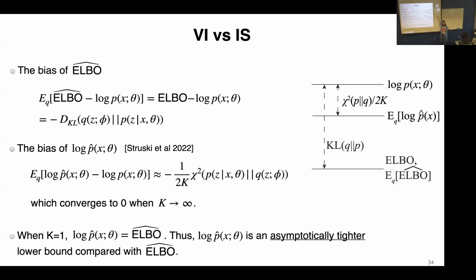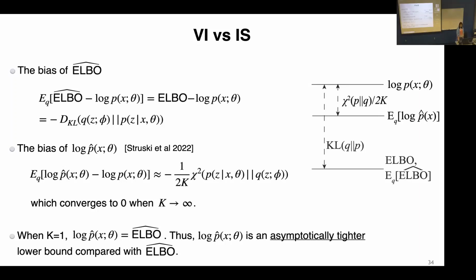And ELBO is always below log p when Q doesn't fully match the posterior distribution. And do you also have analysis on the rates of convergence? Oh, that's not done by me. Previous people have already done analysis. I'm not sure there's a convergence rate analysis from that perspective. I don't do theoretical optimization or anything.